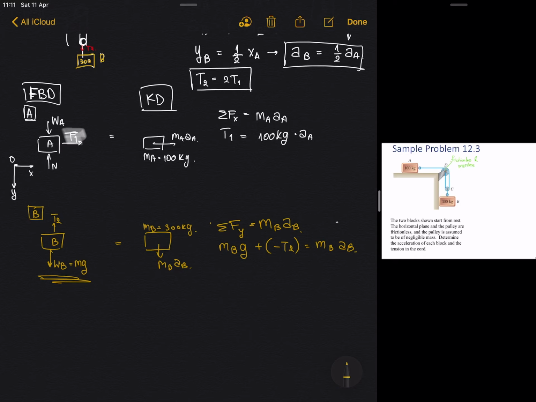And when we plug in all the values, we get 300 kilograms times 9.81 meters per second squared, minus T2 equal to 300 kilograms AB. So T2 is equal to 2,940 newtons minus 300 kilograms AB.